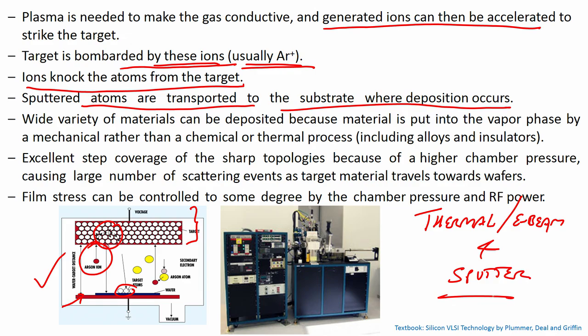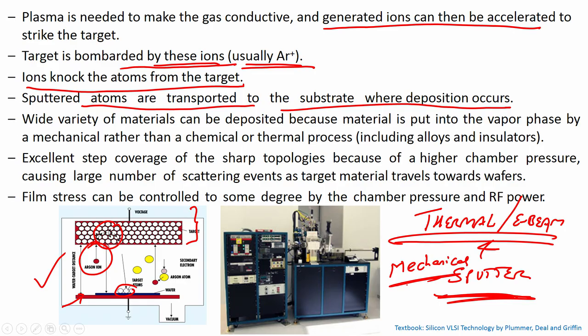In thermal and e-beam, we used a very high voltage, melted the metal or semiconductor, and then deposited. In sputtering, we are actually dislodging the atoms from the target.